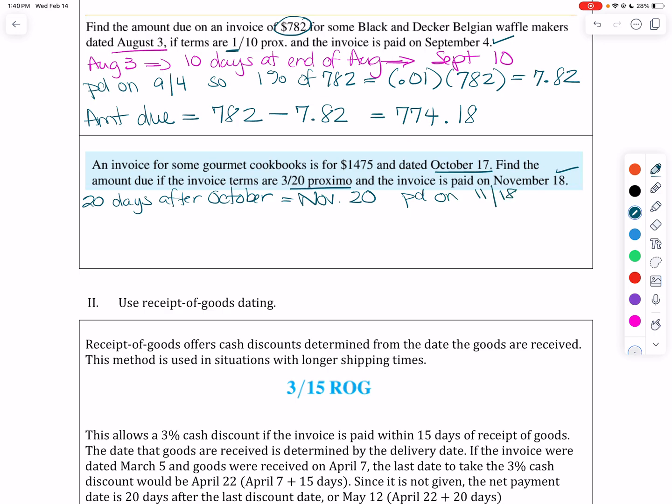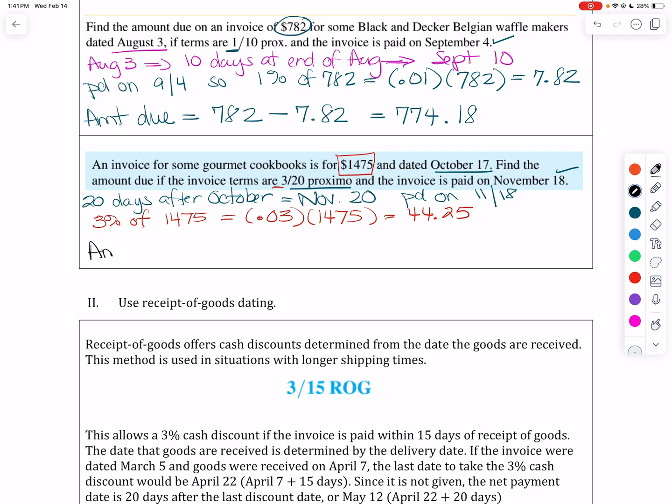So the terms are 3% of the cost of the invoice, $1,475. So 0.03 times 1,475 gives us a discount of $44.25.